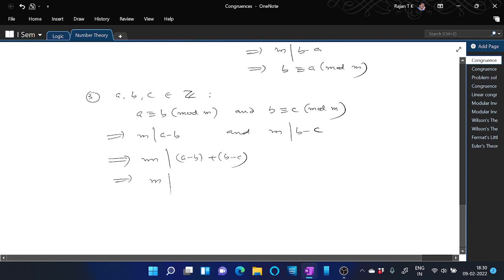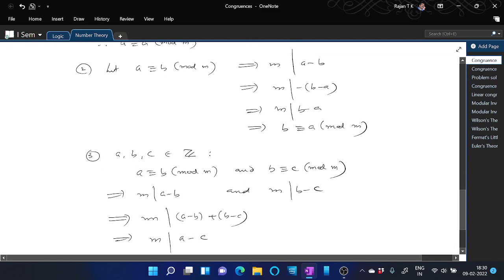That is, m divides A minus C. As per the definition, this means A is congruent to C mod m. Thus, if A is congruent to B mod m and B is congruent to C mod m, then A is congruent to C mod m.